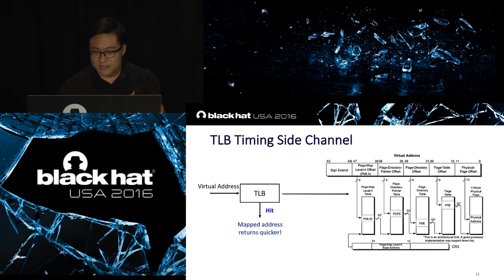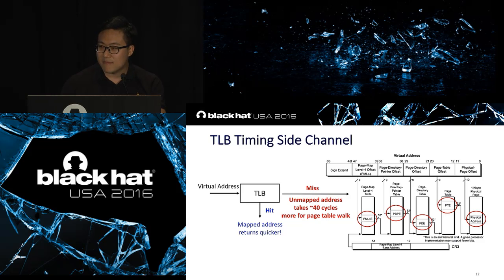In contrast, the unmapped one must go through a TLB miss and memory access through the page table walk, then the processor can figure out it is a page fault. The difference in path, having 5 more memory accesses through the page table walk, creates a timing difference of around 40 cycles internally in the CPU.